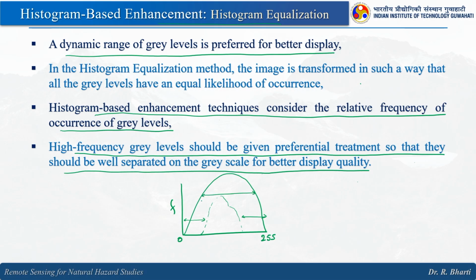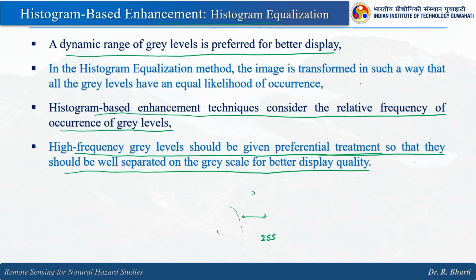So, this preferential treatment will be given so that the data sets will be well separated. One value is here, another value is here, but in this one, this will be here, this will be here. So, these two will be well separated, right. So, that is the meaning of this statement.